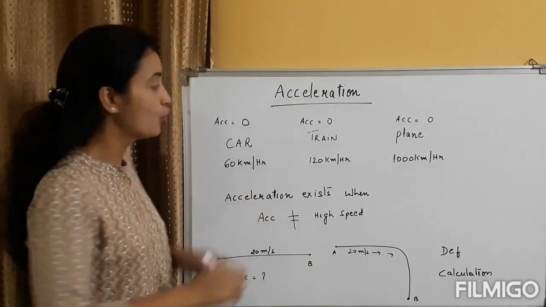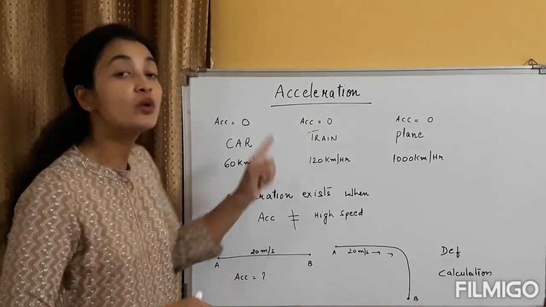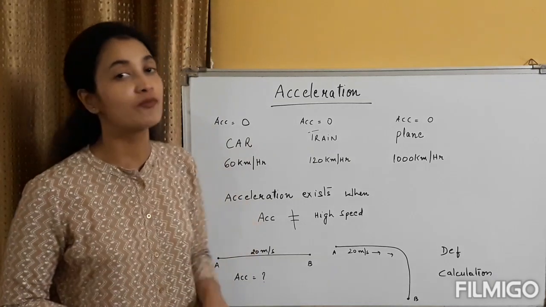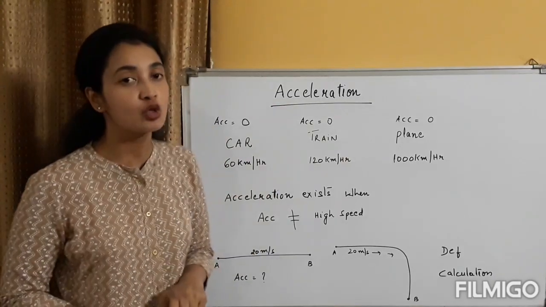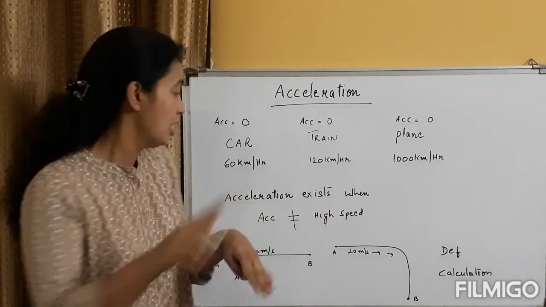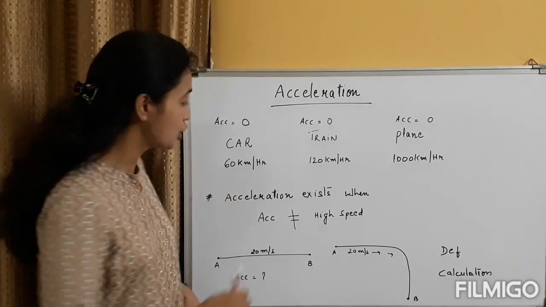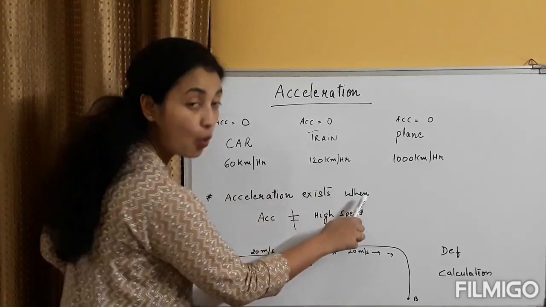So what do we conclude? Why have you said there is no acceleration? Yes, because you don't see any change in the velocity. In all these three situations, whether the speed is small or large, it is constant. So what have we concluded? This is our important conclusion.